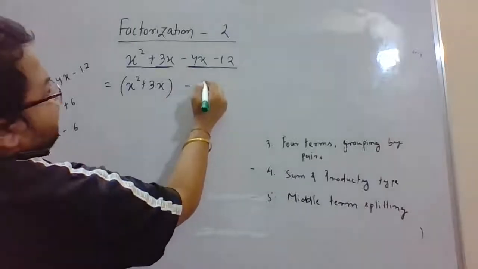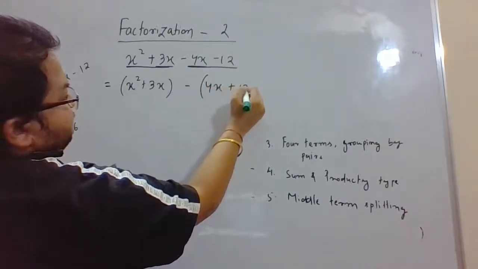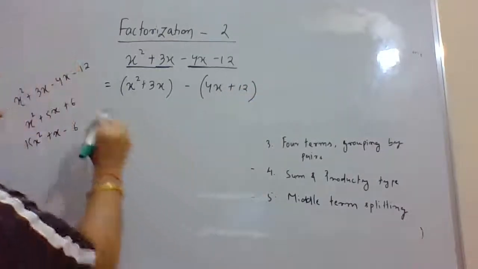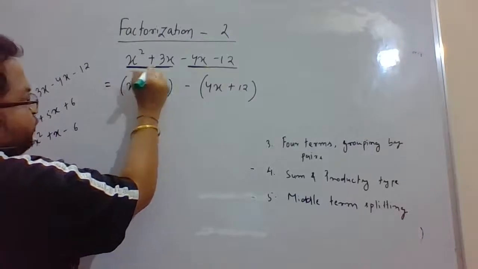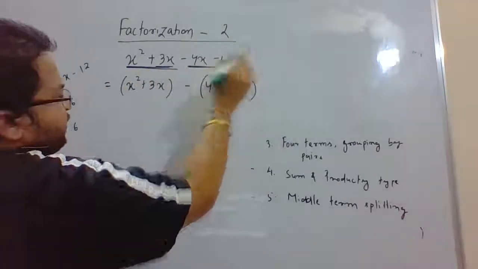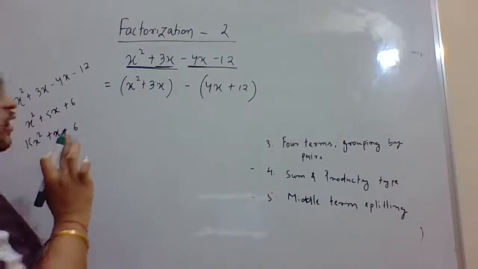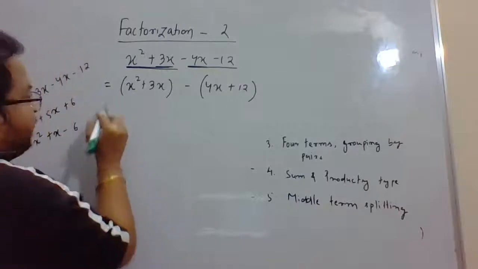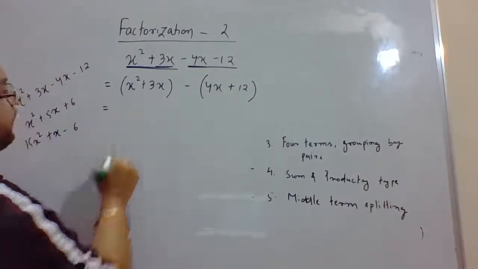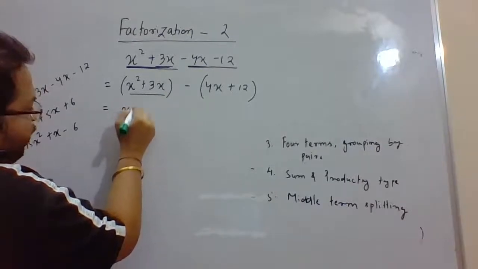Minus, if I take 4x plus 12. So nothing is changed, right? I have just retained the same equation. I have just grouped these two terms together and I have grouped the other two terms together. That is all I have done. I have not made any other change. So obviously I can give the equal to sign here. Okay. Now if we see between these two terms, I can take x as the common factor.